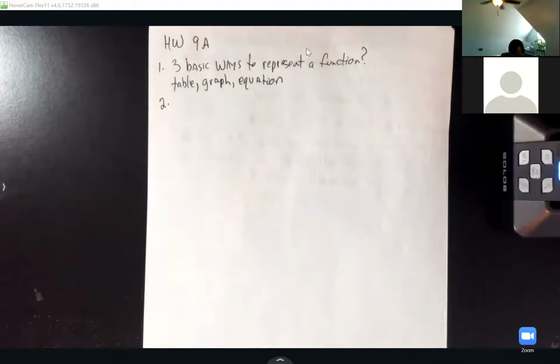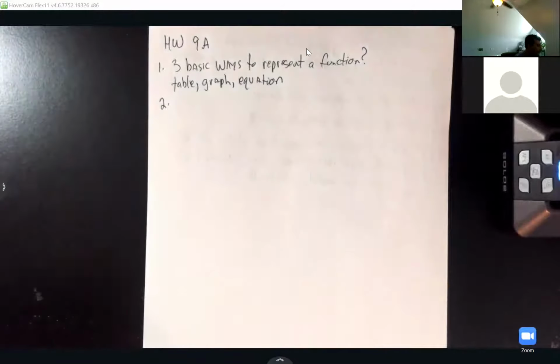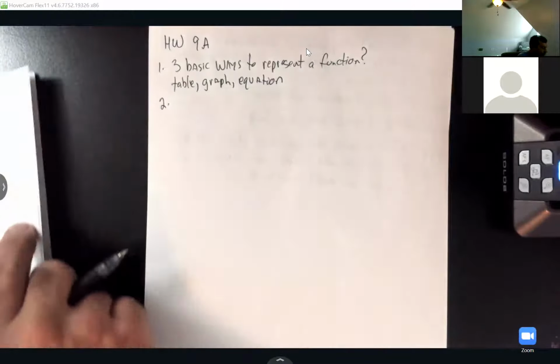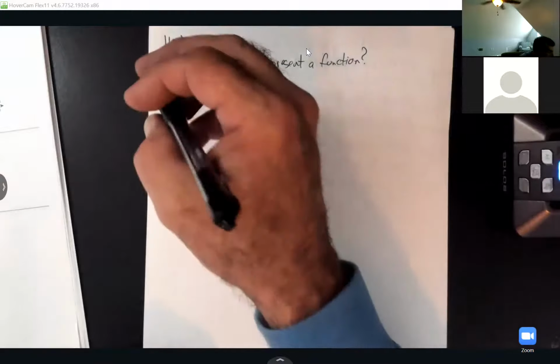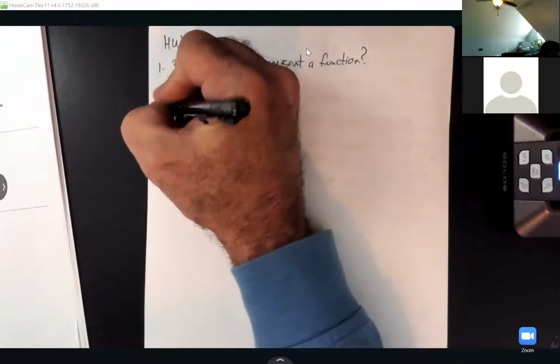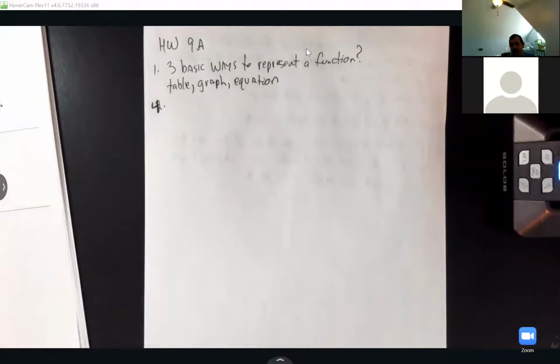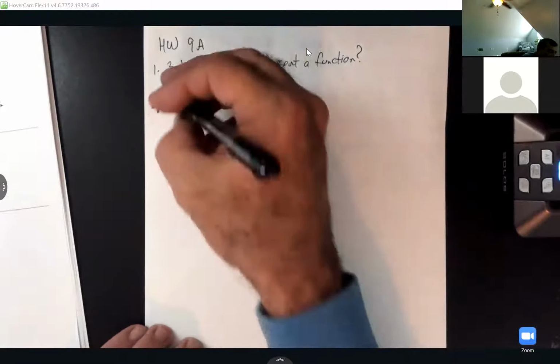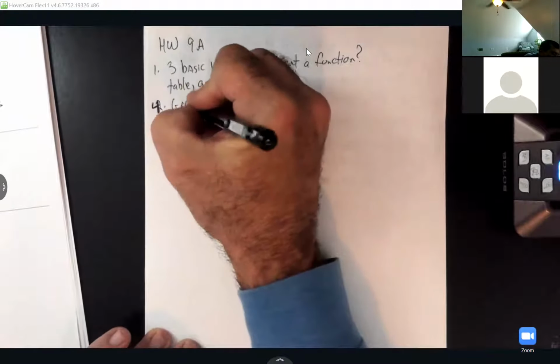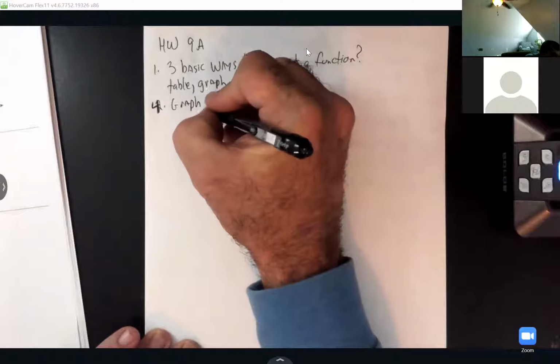All right, so I'm gonna sort of skip around. I want some of the better ones here. So I'm gonna skip to number 4, because number 2 and 3 are just those doesn't-make-sense type questions. So number 4, though, they want us to actually graph.